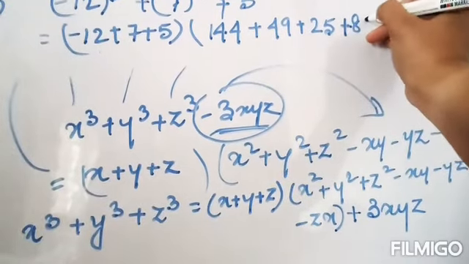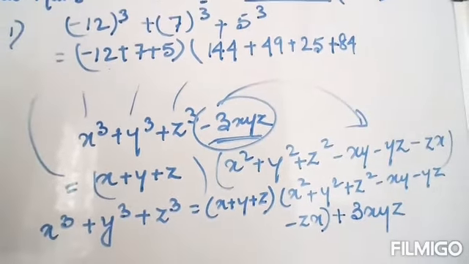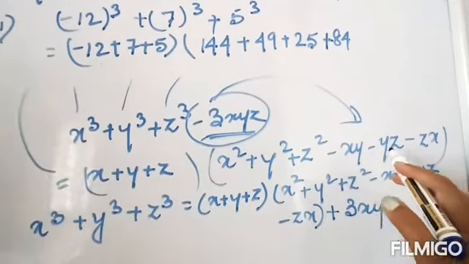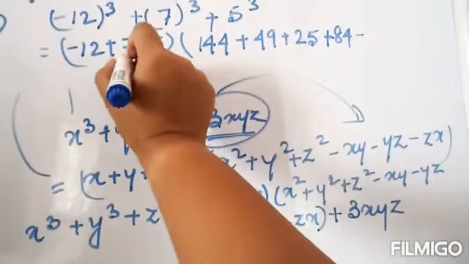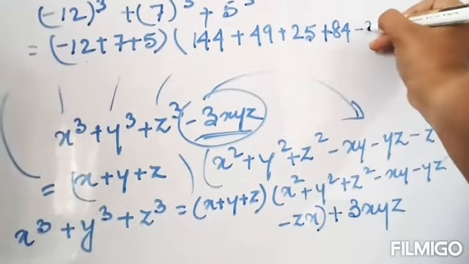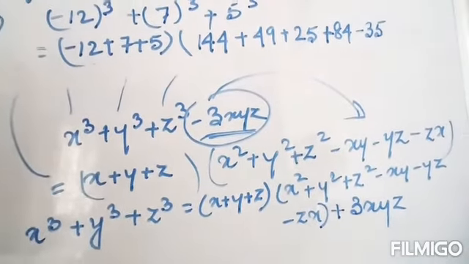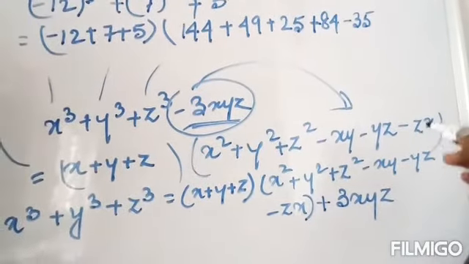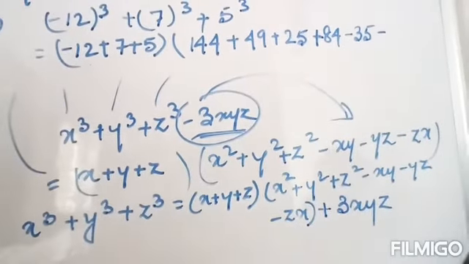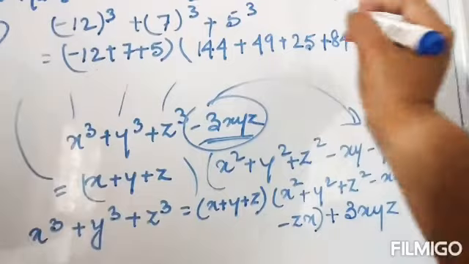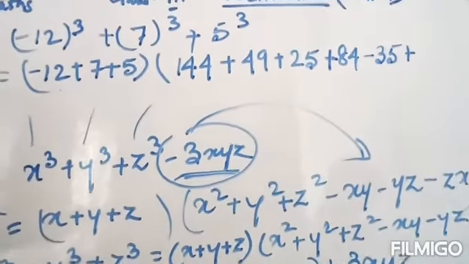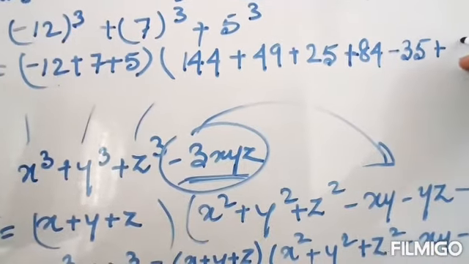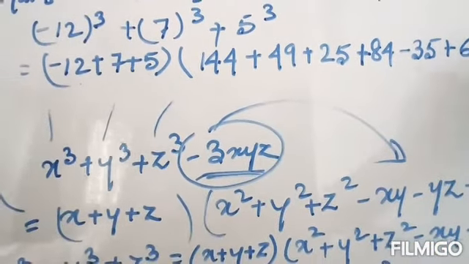So plus 84. Correct? Second, we have minus yz. Minus yz means minus 7 into 5, which is 35. Next is minus zx, which means 5 and 12. So minus into minus will be plus, so it will be 60.